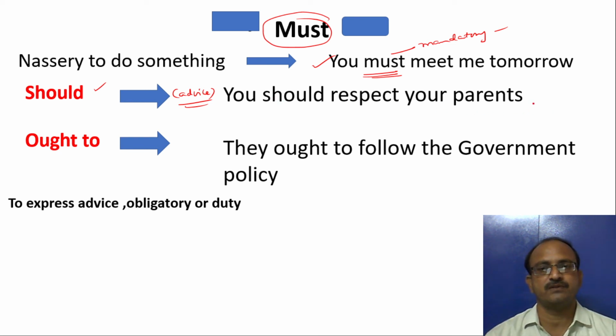Understand? So this is the best way you can follow. So it's only advice. So should is used only for the purpose of advice. Must is different. That is a mandatory one. You must meet me tomorrow. You understand?